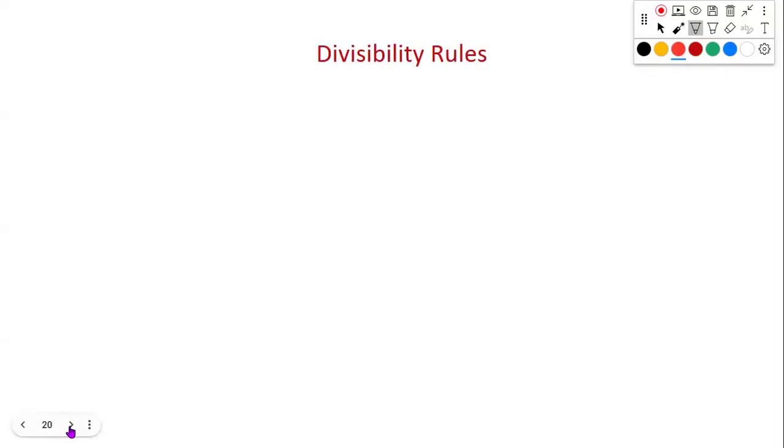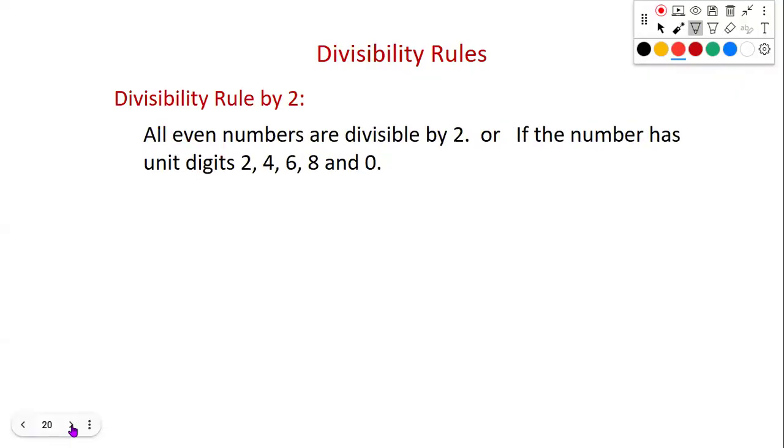Okay, so let's look at divisibility rules. Divisibility rule by 2, all of you know. So you only check the unit place, whether it is an even number including 0. All even numbers are divisible by 2, or if the number has unit digit 2, 4, 6, 8 and 0. So divisibility by 3.